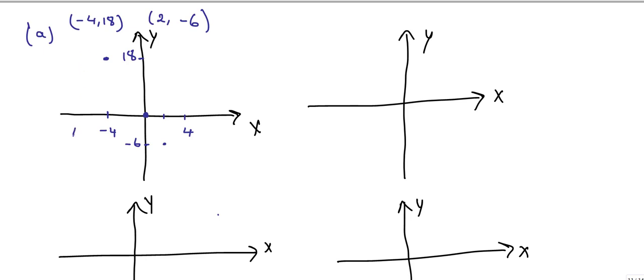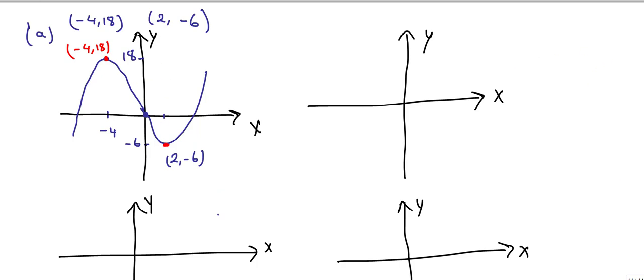I also shrank the distance so I made it harder on myself. This point is 2, negative 6, this is the minimum point, I show you here, and the maximum point is minus 4, 18. Okay, this is what they are asking for: show the maximum and the minimum. There is no problem here.